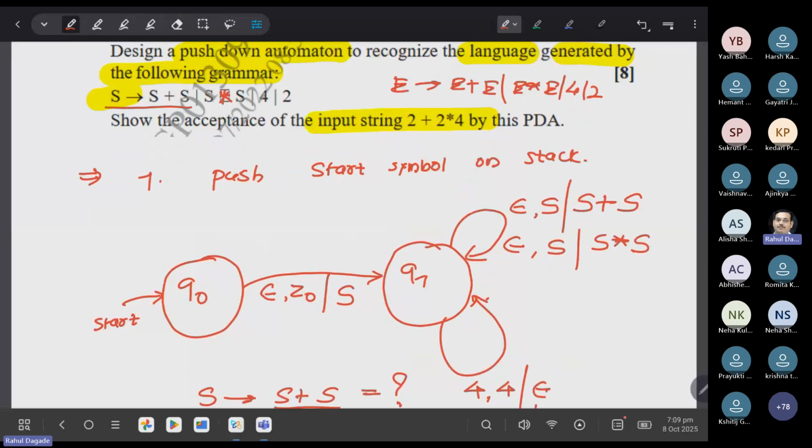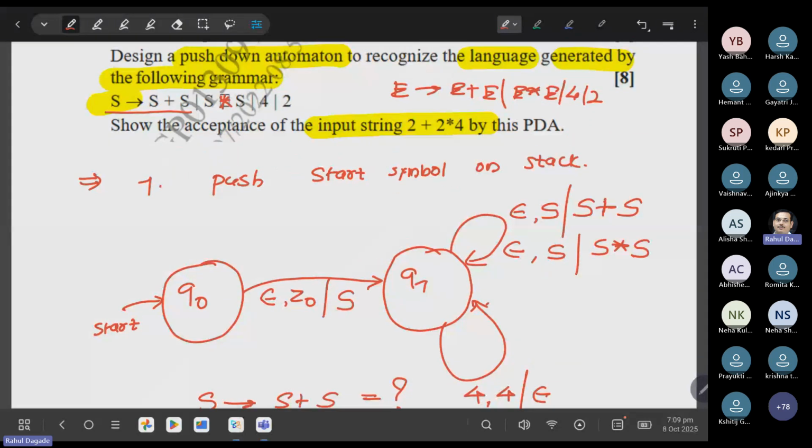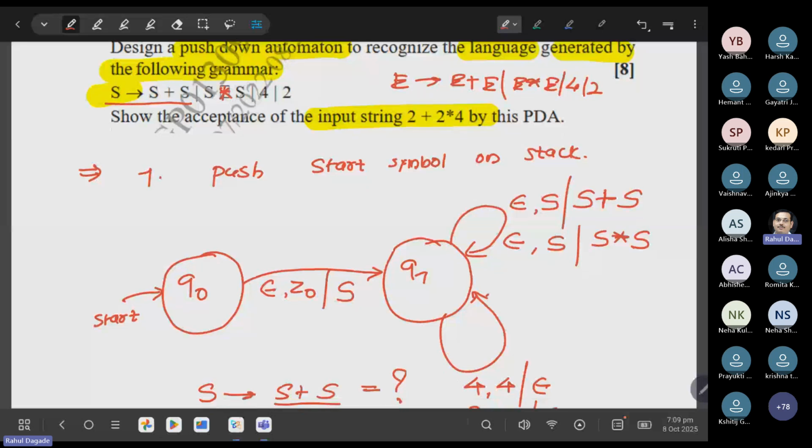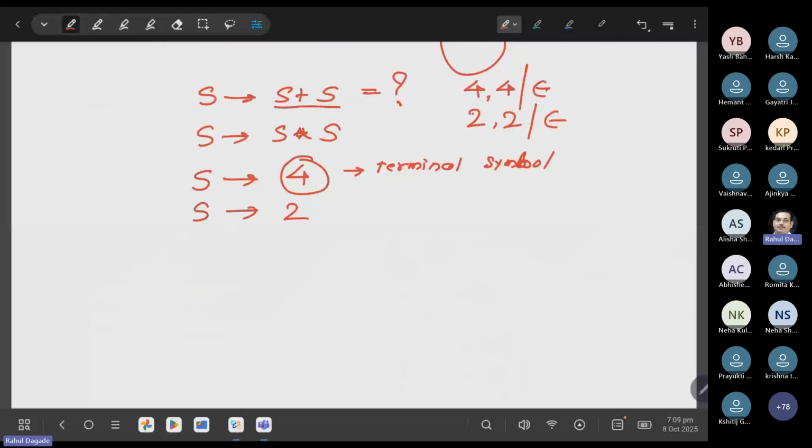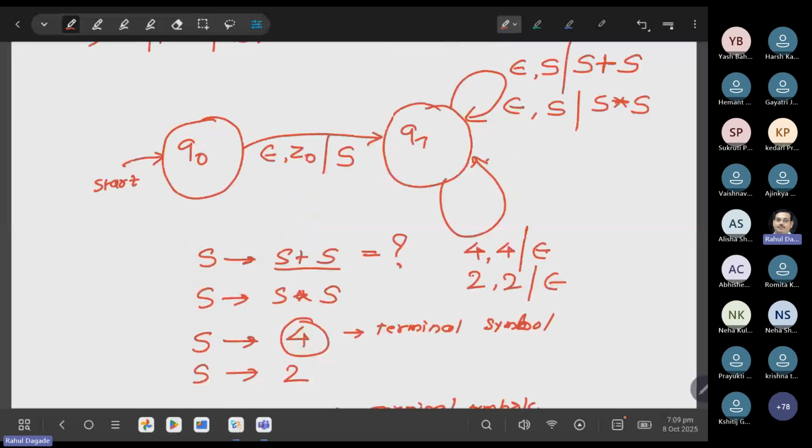Similarly, plus is also on stack and star is also on stack. Plus and star are also terminal symbols, and we have to consume the terminal symbols. So how do we consume them? When plus is the input and plus is on stack, then pop it.